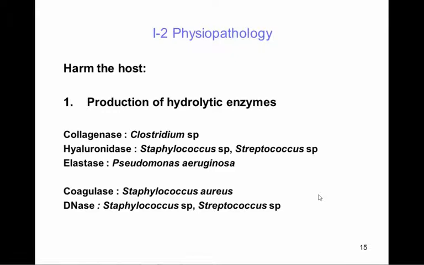So if they express the DNase, then all of this host cell DNA that's been released will be degraded, and then that will help them to spread from the initial site of infection. Otherwise, they're going to be caught up in this kind of DNA blob.